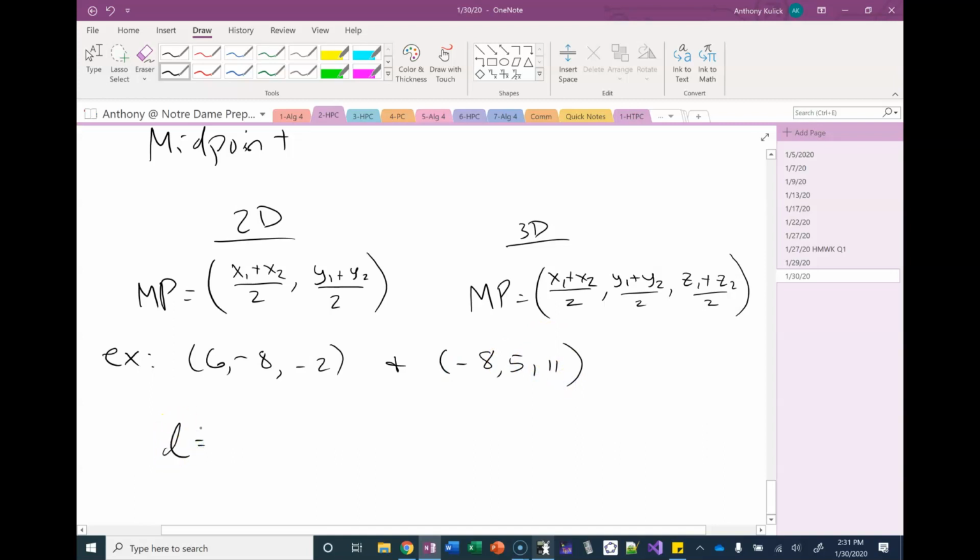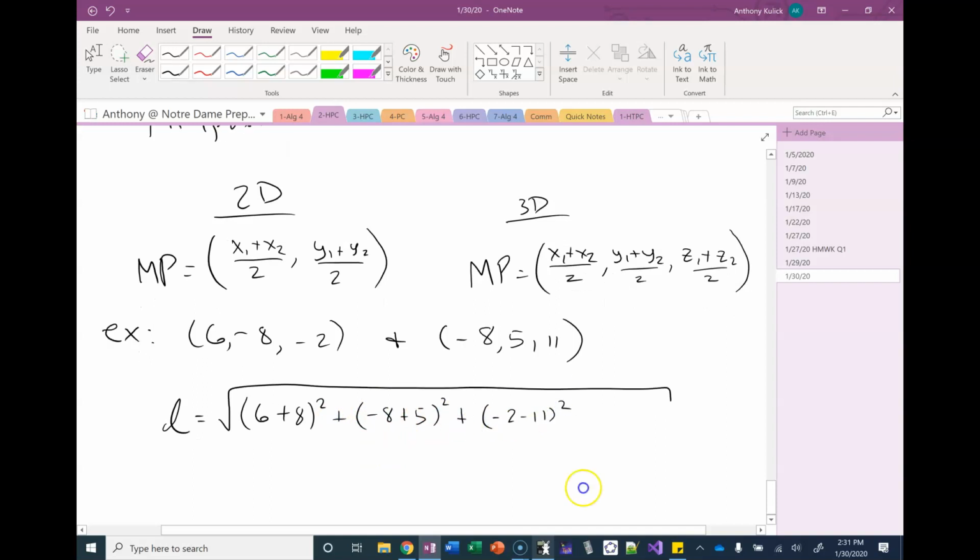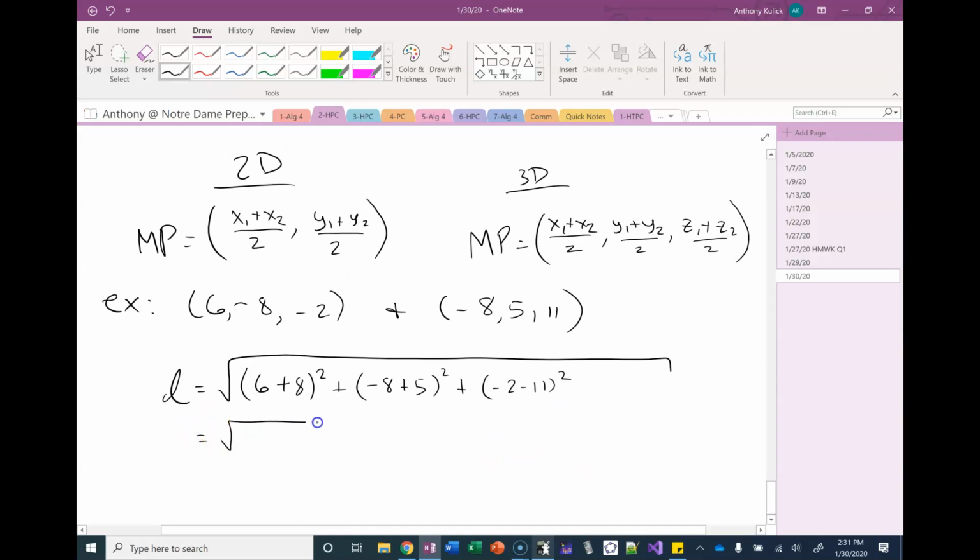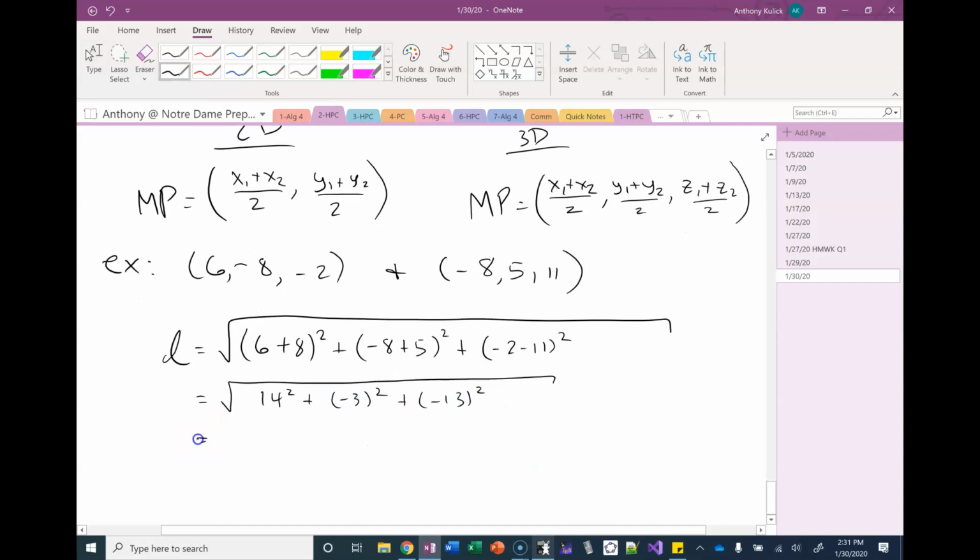What's the distance between these 2 points? Let's see, what's that? 534, I think.